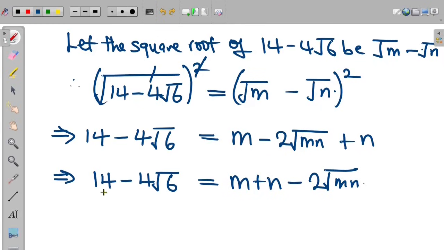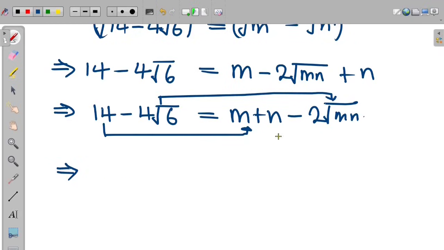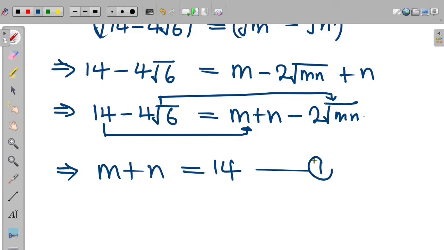So at this point, 14 will be equated to m plus n, and also minus 4 root 6 will be equated to minus 2 root mn. So as we begin to equate terms, this becomes m plus n equal to 14. Let's call this equation 1.